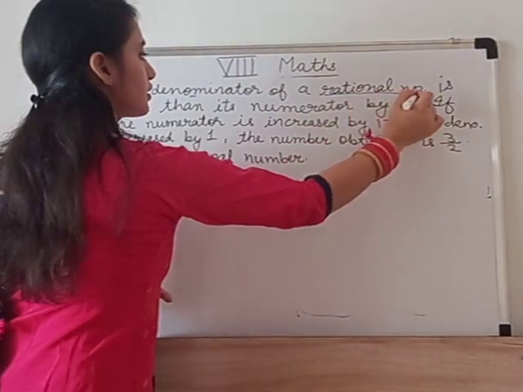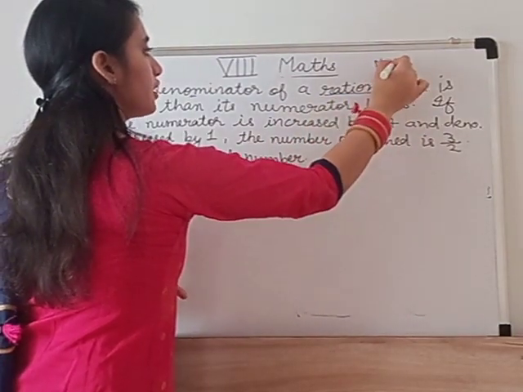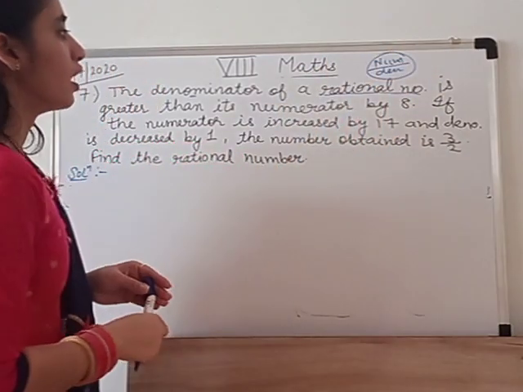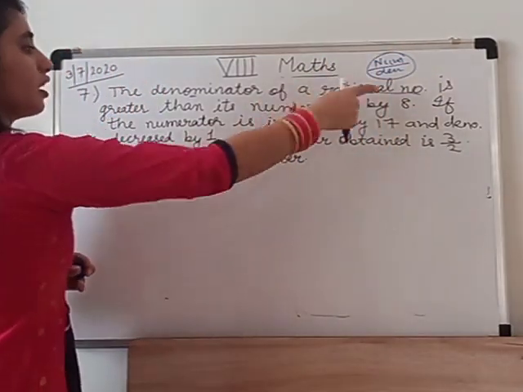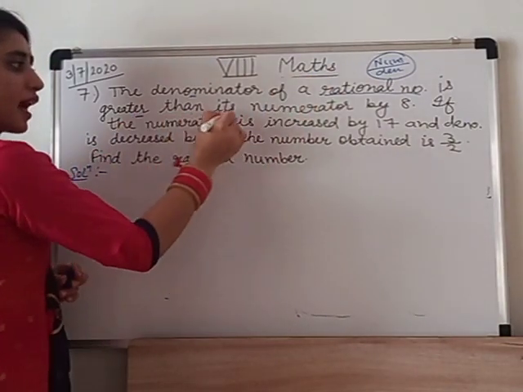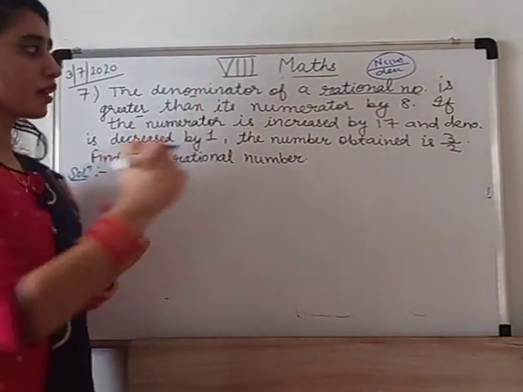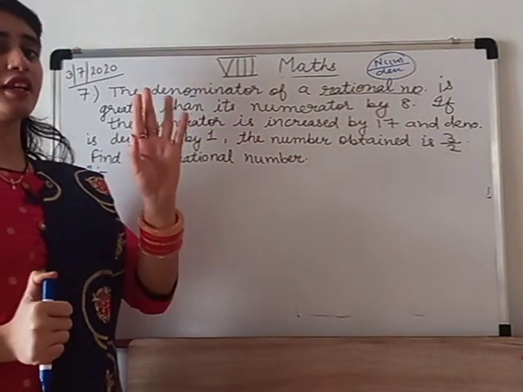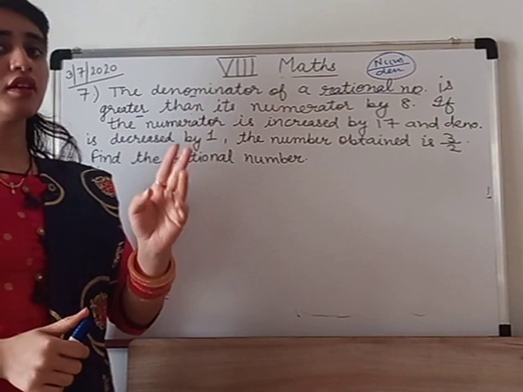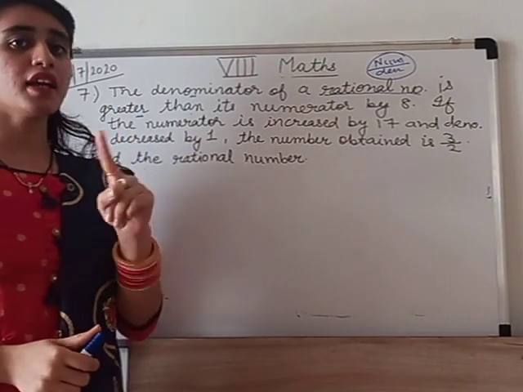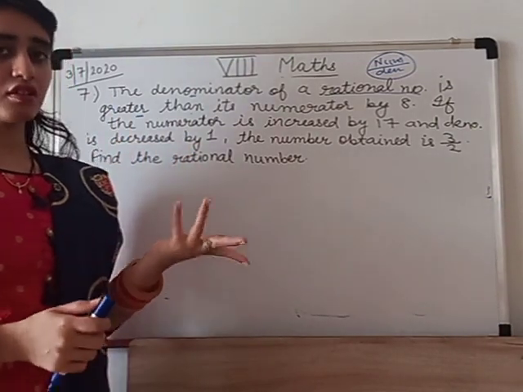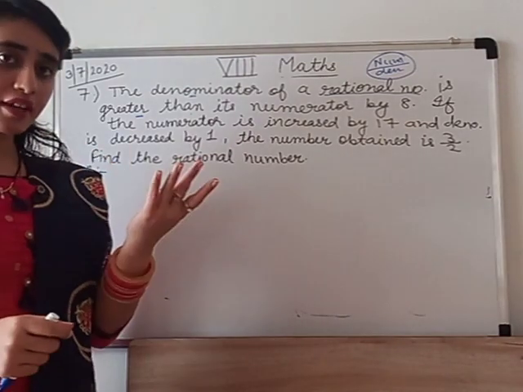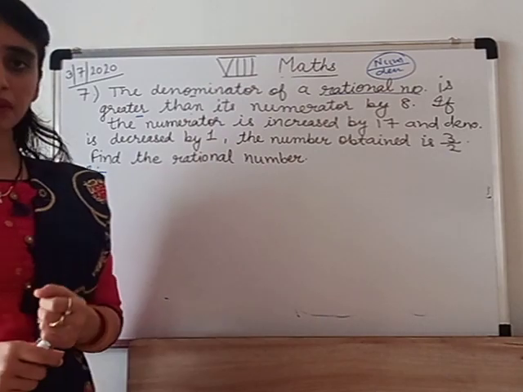The denominator is greater than the numerator by 8. So first find the numerator, then we add 8 to find our denominator.